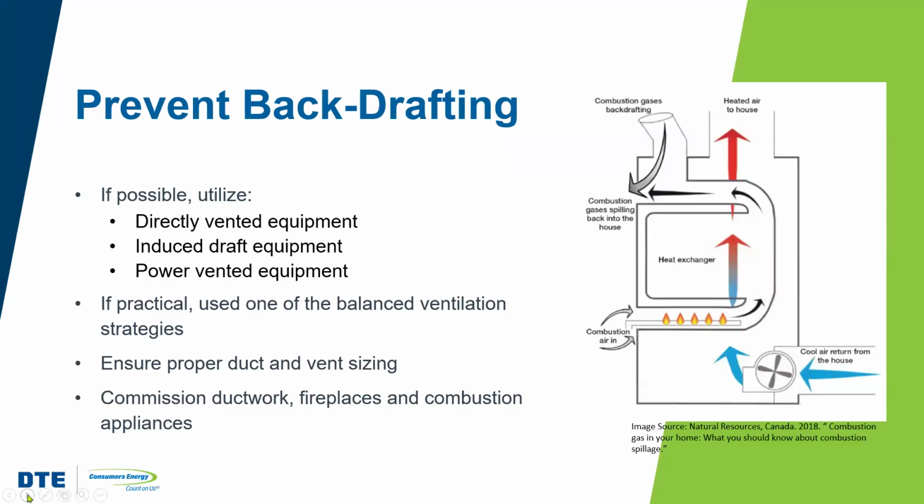Most furnaces these days have sealed combustion or induced draft fans, and so we don't have this, but we may sometimes see this with older water heaters that have atmospheric draft, or we may see this with older boiler systems. So we want to make sure that we've taken steps to prevent that.